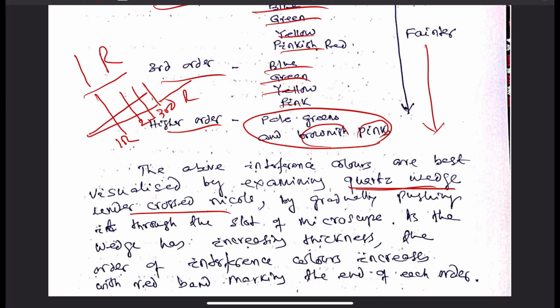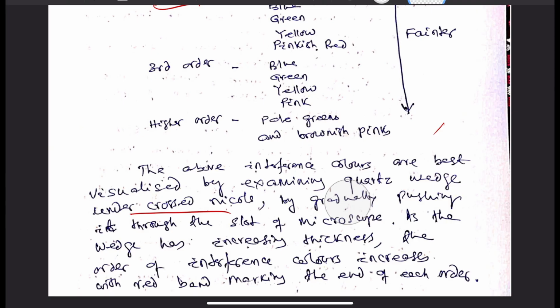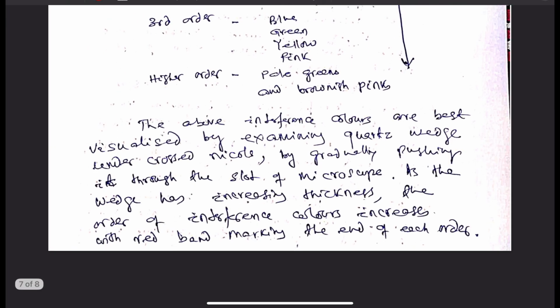So we can know about the different types of colors that come up through interference of white light. So we can be acquainted with the different colors that are seen in different orders. And in order to identify the order, we can take use of the quartz wedge.